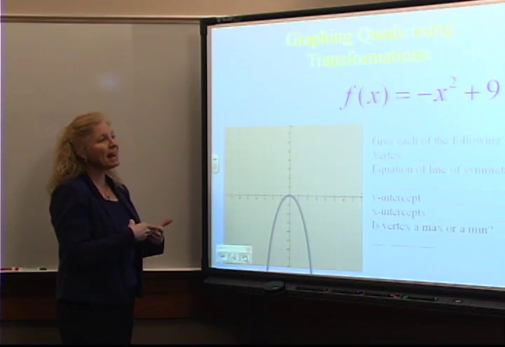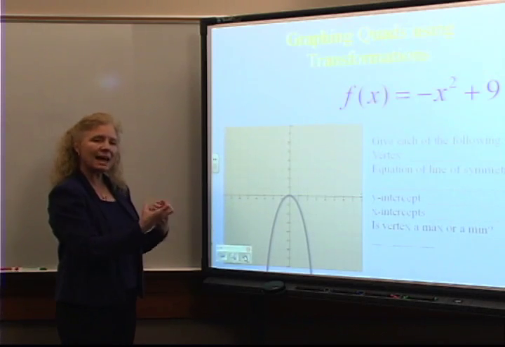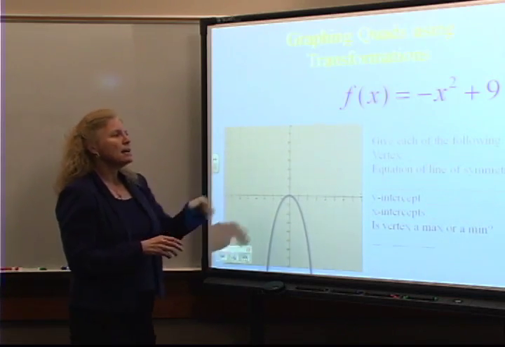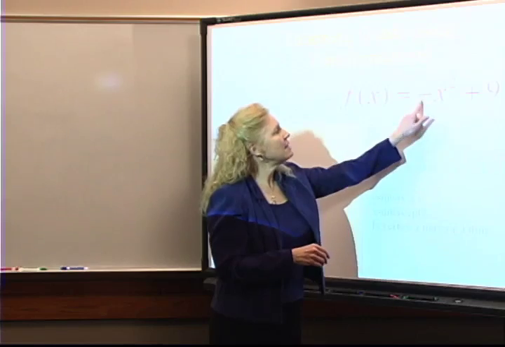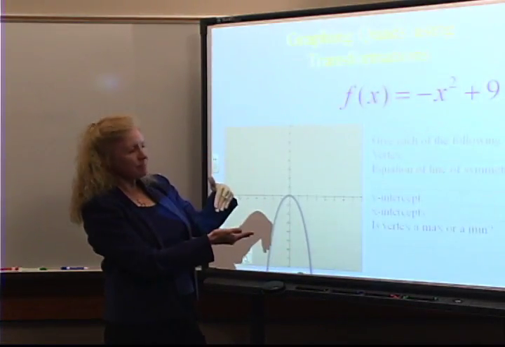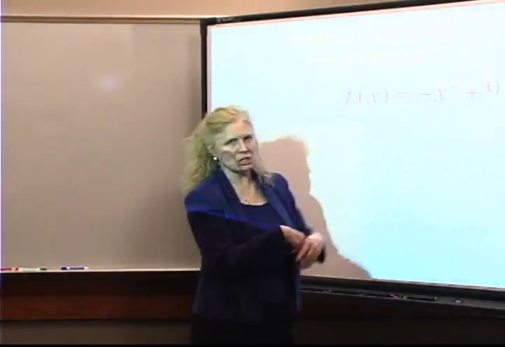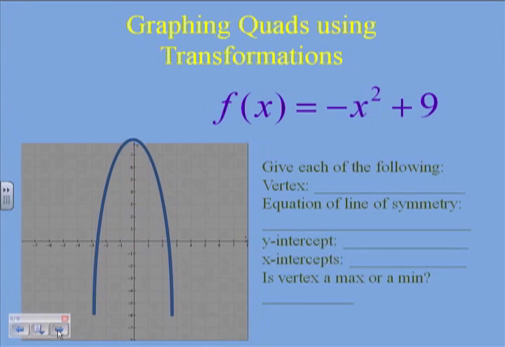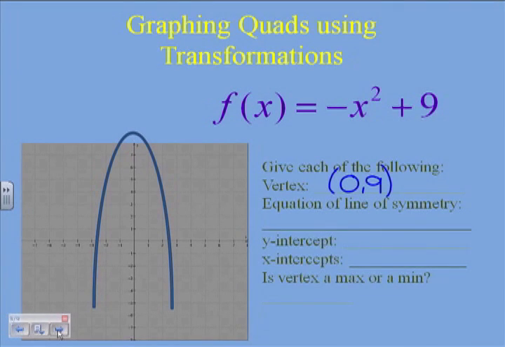That's when we talked about how the numbers in that equation will affect the way the equation looks. So this negative 1 multiplied onto the x squared flipped him. And what's the plus 9 going to do? It's going to move him up 9. So where is his vertex? His vertex is going to be sitting at 0, 9.